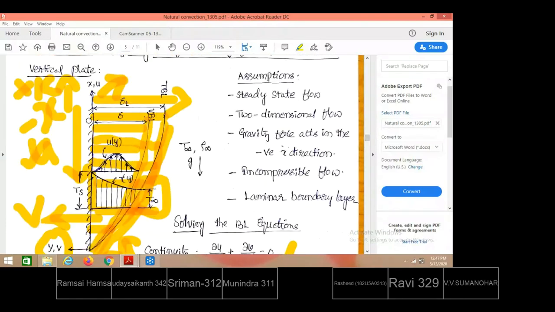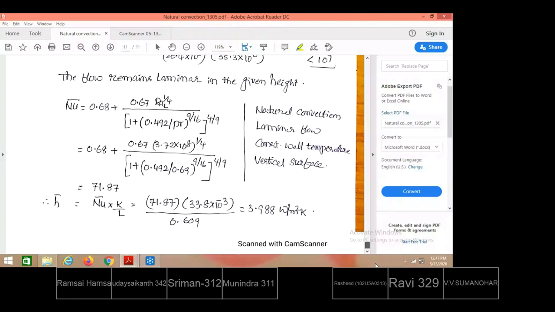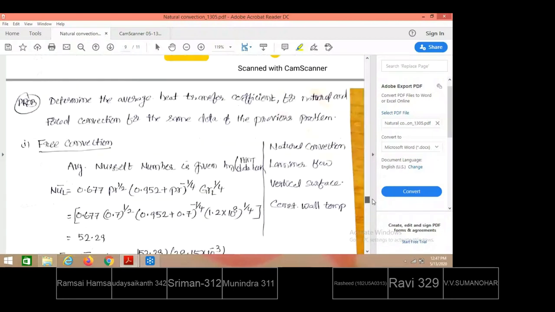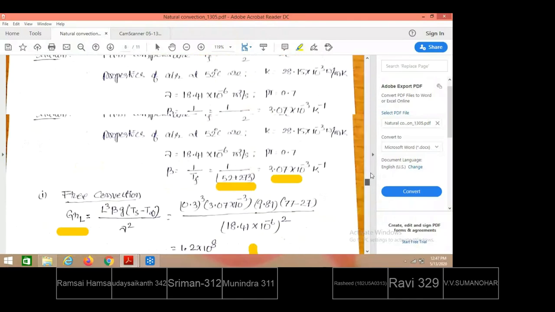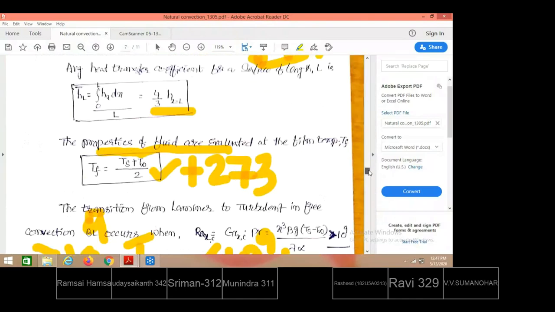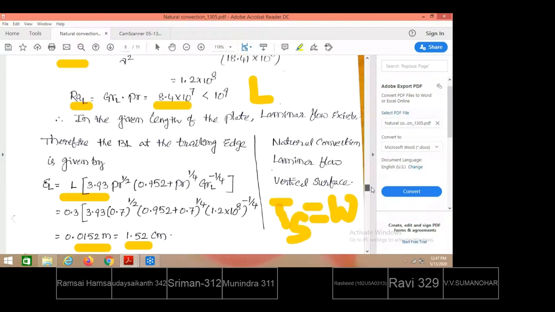So 5.8 millimeters for forced convection and 15.2 millimeters for natural convection.